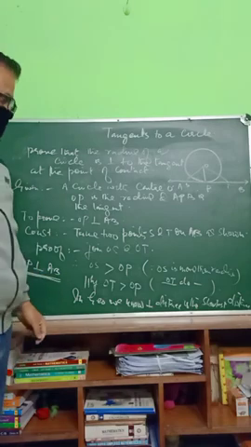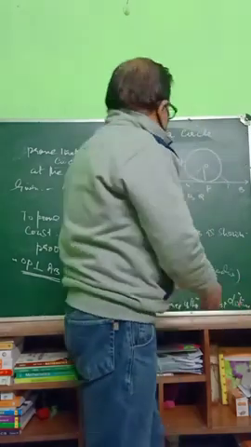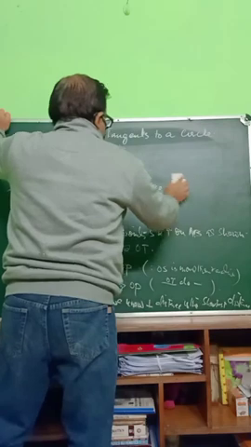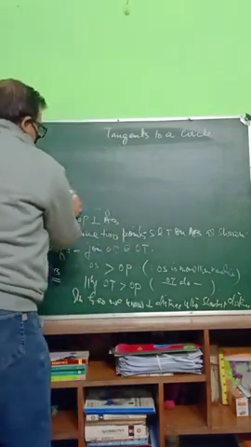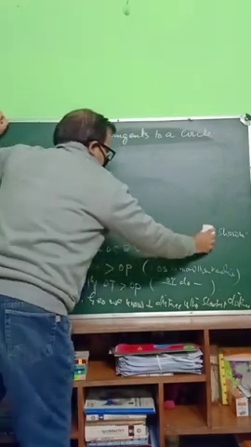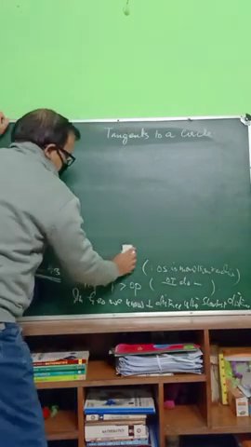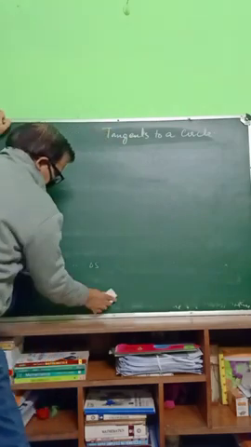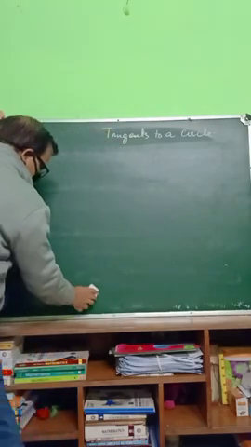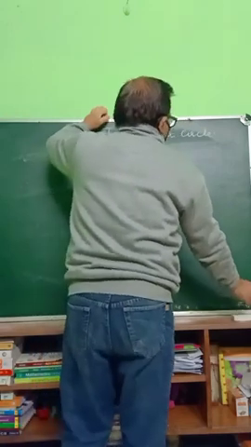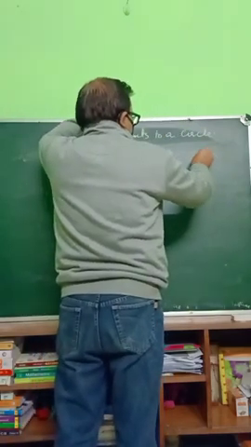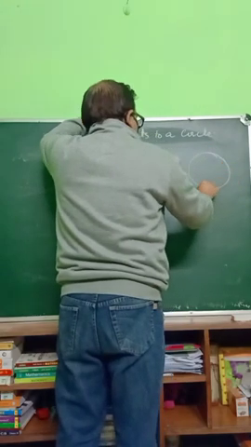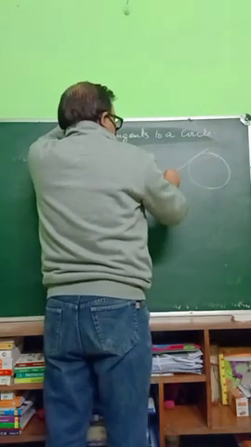Next theorem. What does the next theorem say? If we take any point outside the circle, and from that point we draw two tangents to the circle, prove that they are equal. This is the circle. Here is one tangent, here is another tangent.